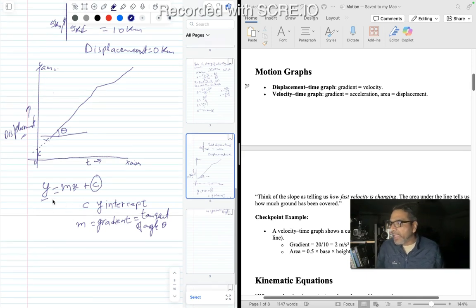We are taking this into account because we have to understand what the gradient is, and when we are dealing with a displacement time graph, what the gradient means. So when I'm saying displacement time graph, you are catching things in this format. Okay, cool. That's a nice thing.